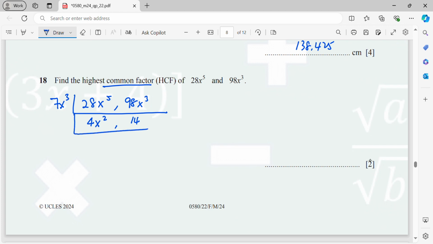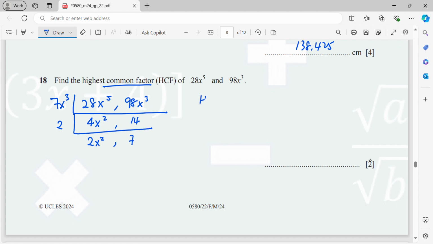Now, from 4x squared and 14, the common factor is 2. So 4x squared divided by 2 is 2x squared. 14 divided by 2 is 7. So from 2x squared and 7, there is no more common factor.